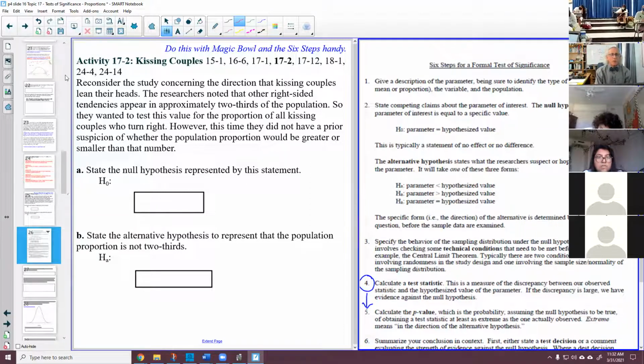They noted that other right-handed tendencies appear in approximately 2/3 of the population. They're not making a judgment right now about kissing couples, but they say about 2/3 of the people are right-handed and 1/3 are left-handed.